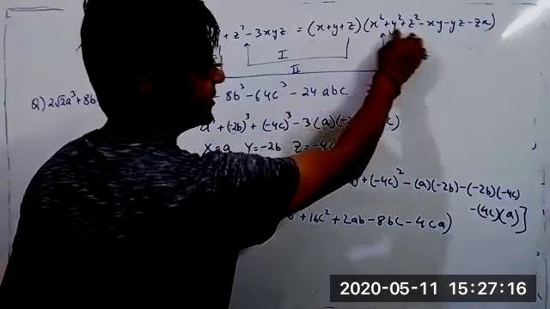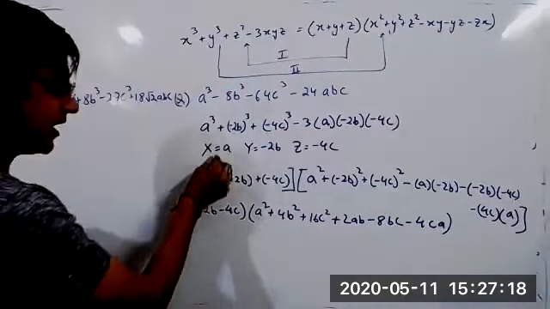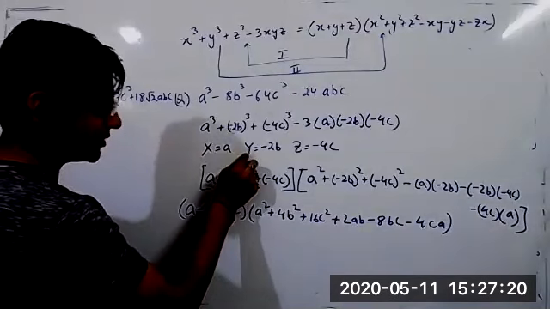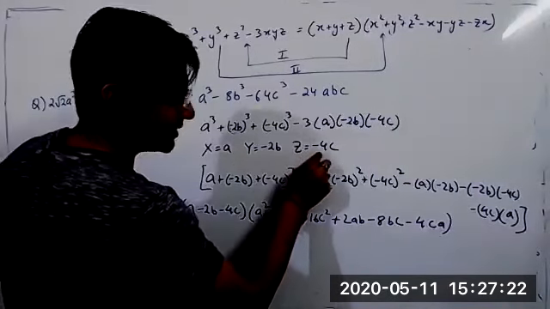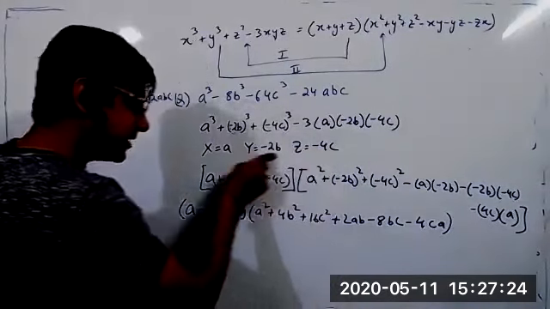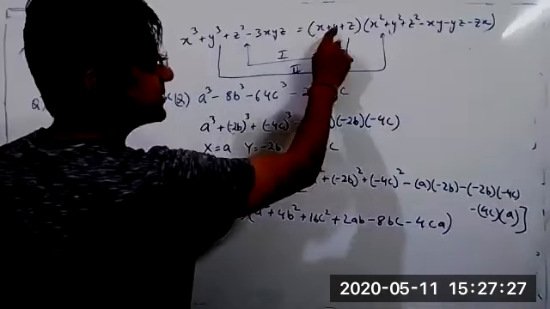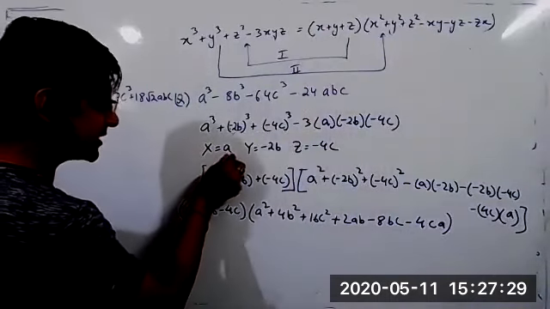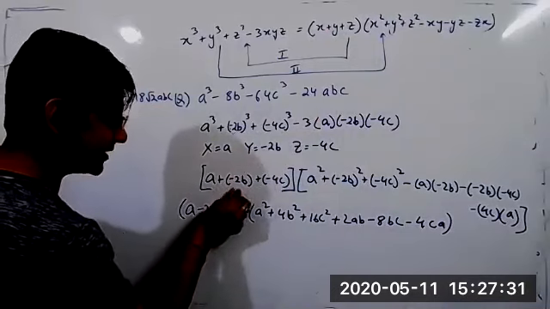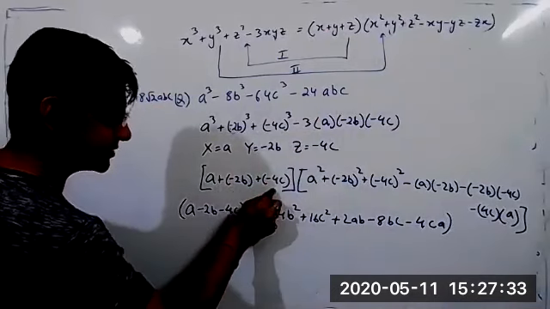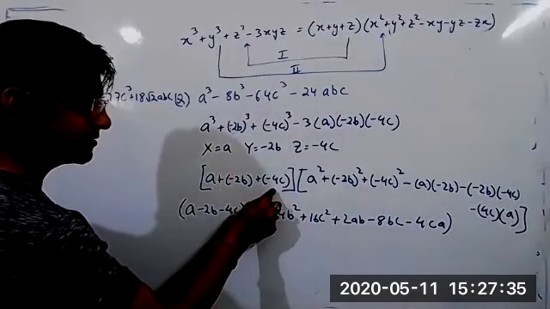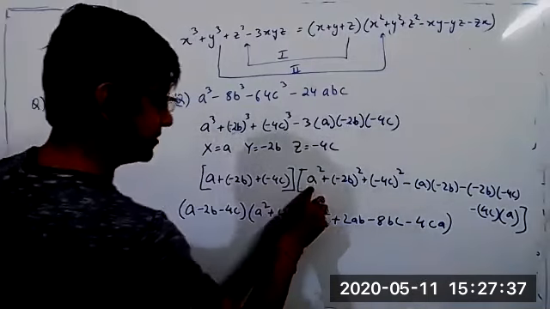I am putting in this formula. I have written what is x, a, what is y, minus 2b, what is z, minus 4c. Is this step clear? What is the formula? x plus y plus z, you have to replace. What is x, a, what is y, minus 2b, what is z, minus 4c. Correct? Yes, sir.